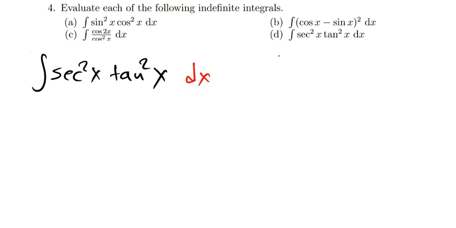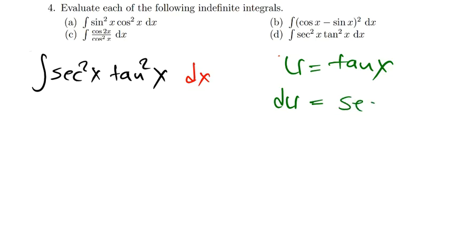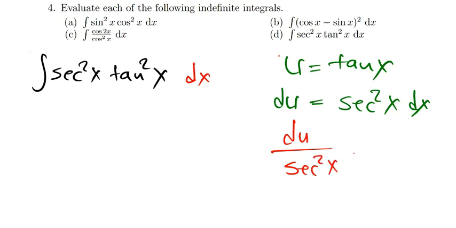We'll let our u be equal to tan of x, and then we'll differentiate it. du is going to be the derivative of tan of x, which is secant squared of x, in respect to x, so we'll put dx at the end. If we make dx the subject, we have du over secant squared of x being equal to dx. Therefore, where we have secant squared of x, we will drop it.